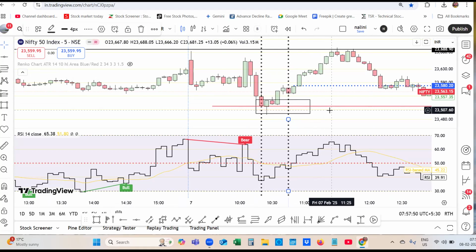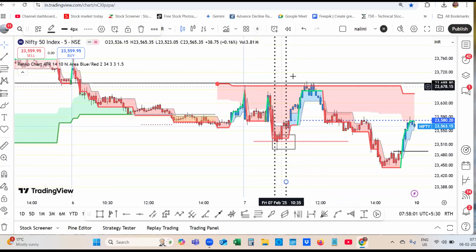So holding the position is very, very important to make a consistent profit in the market. This Renko chart will help you to hold the position.